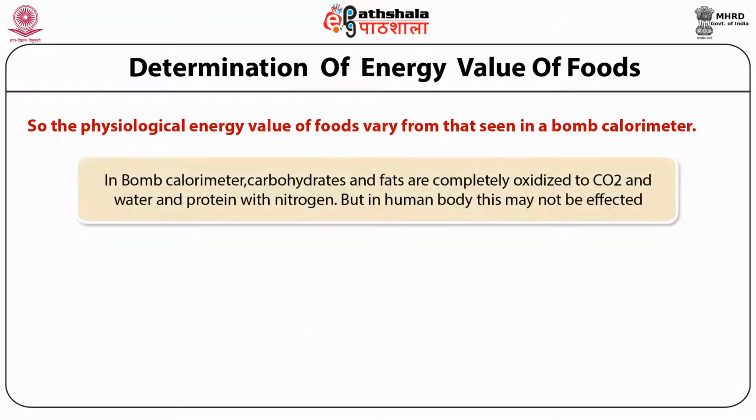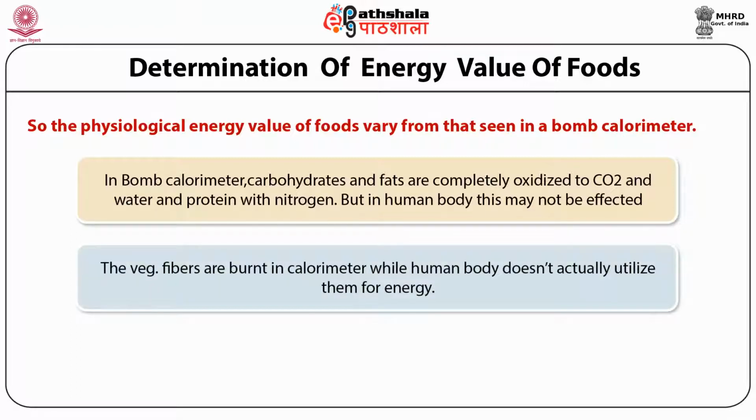In a bomb calorimeter, carbohydrates and fats are completely oxidized to carbon dioxide and water, and protein with nitrogen. But in the human body, this may not be affected. The vegetable fibers are burnt in the calorimeter while the human body does not actually utilize them for energy.